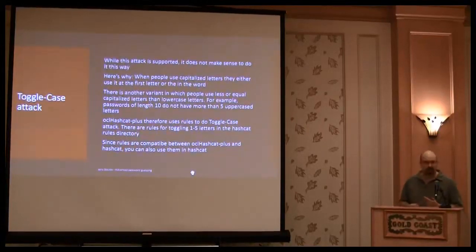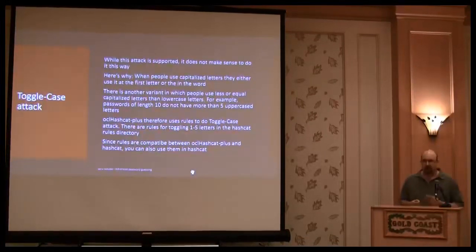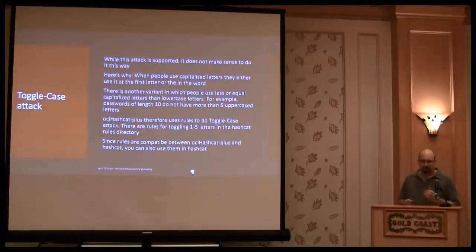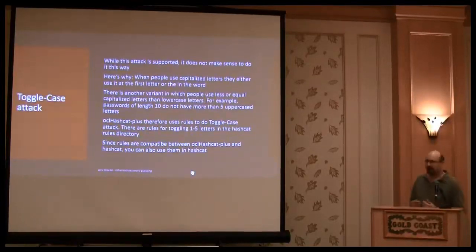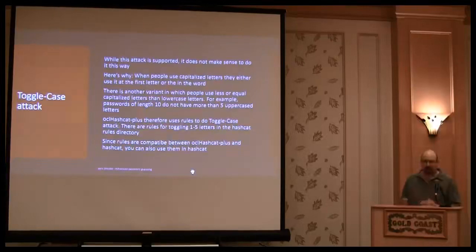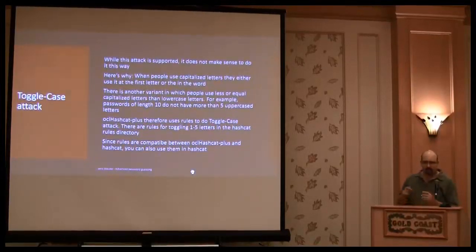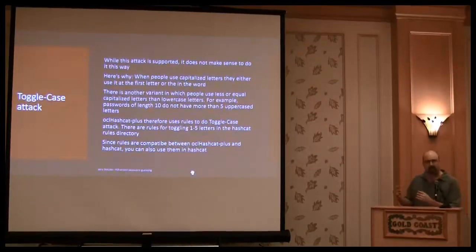So instead of using an attack mode, you use rules, because with rules you can do an uppercase conversion. And if you create a large number of rules that change the case of every letter, then you can generate the same result, but with fewer tries.